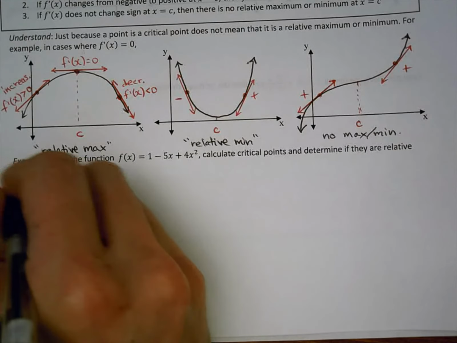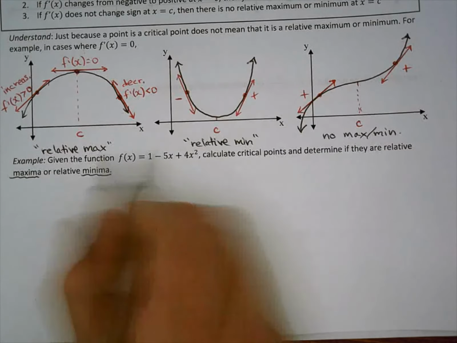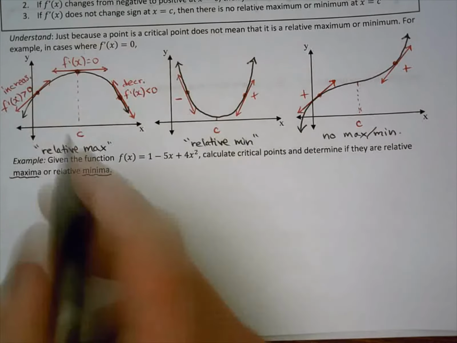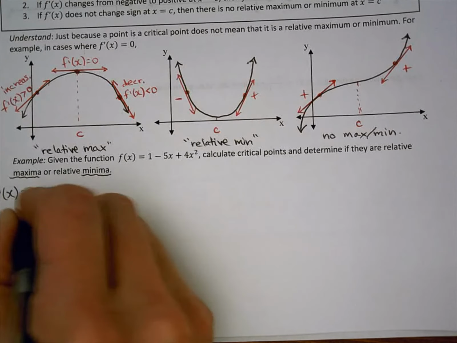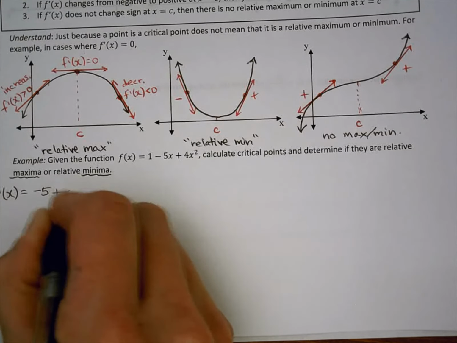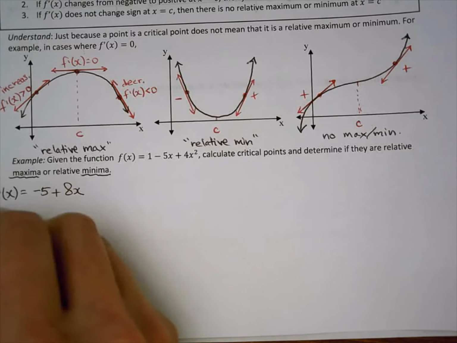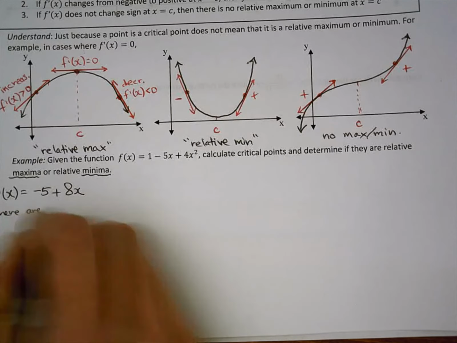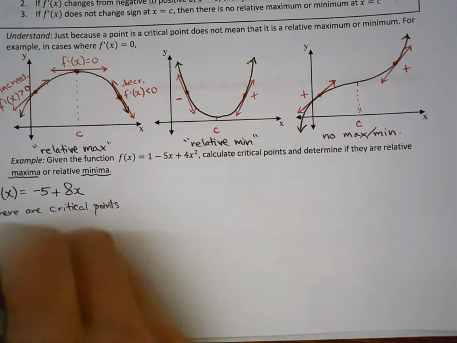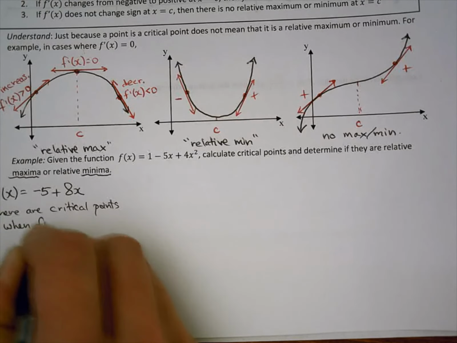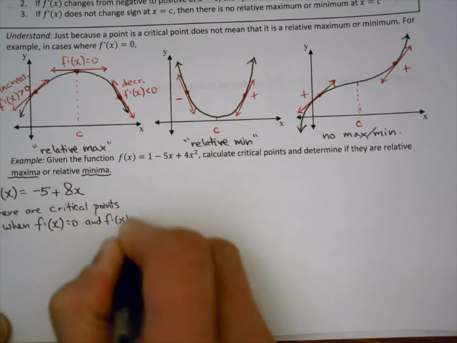So, maxima, minima. What I need to do is find these critical numbers, right? To do my first derivative test, I need the critical number. So I'm going to find the derivative, which is -5 plus 8x, I believe. There are critical points when the derivative is equal to 0 and when the derivative does not exist.